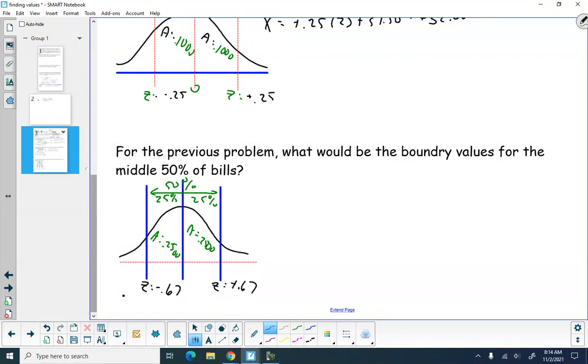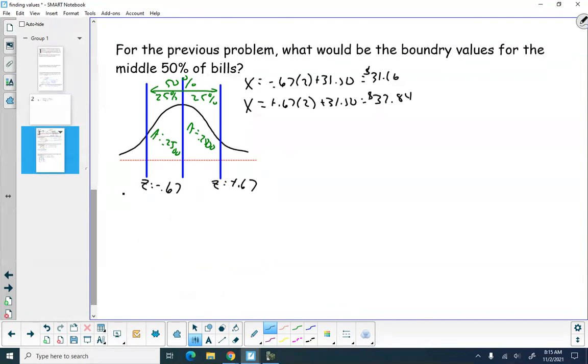So once again, value is equal to the Z-score, negative 0.67 times 2 plus the 31.50, and value is equal to positive 0.67 times 2 plus 31.50. Our two values, Jenna, are what? 32.84. So $31.16 and $32.84.